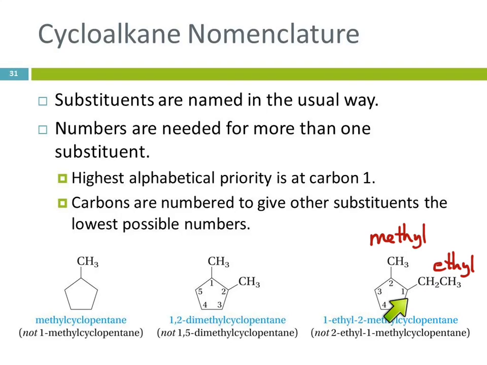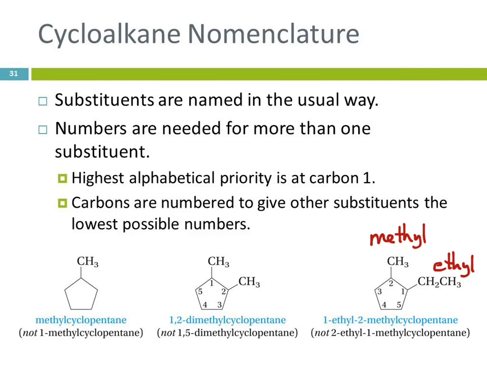So ethyl gets to be number 1. Then we're going to number either clockwise or counterclockwise to give the lowest possible number to the other substituent. In this case, we're numbering counterclockwise, so this is number 1, that's number 2. So 1-ethyl, 2-methyl cyclopentane.